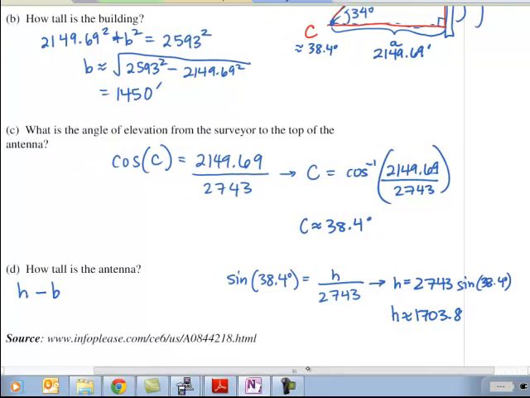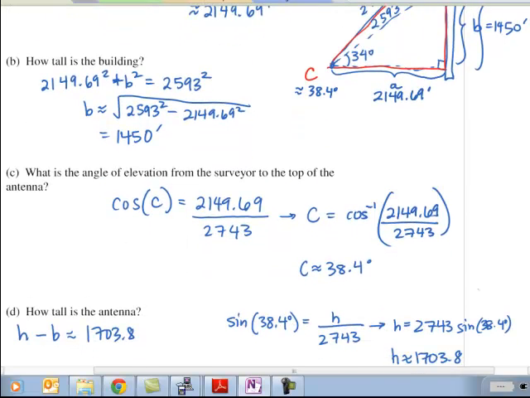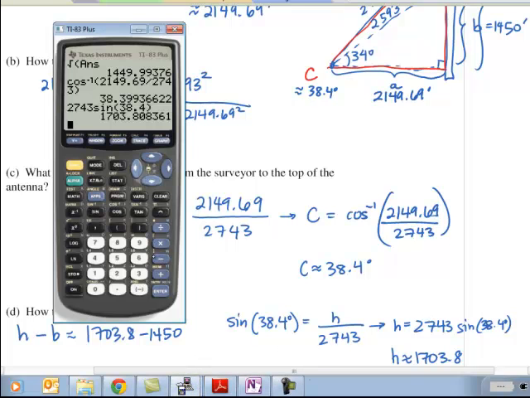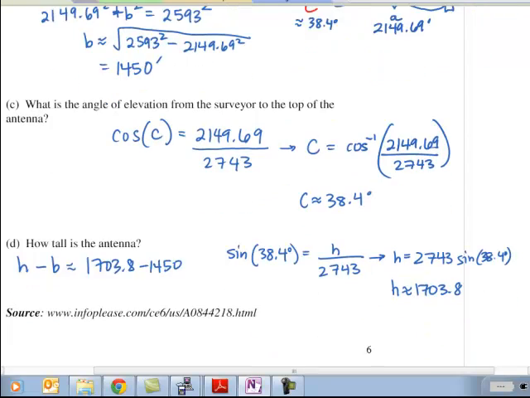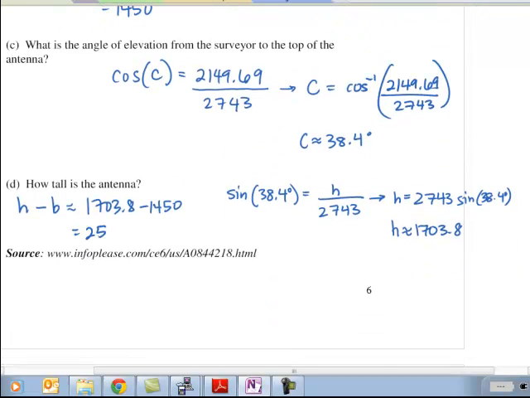So H minus B is 1703.8 minus 1450, which is 253.8. So that would be the height of the antenna.